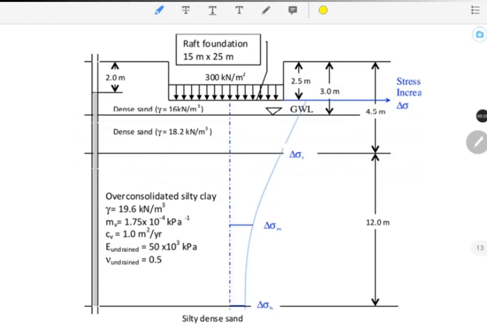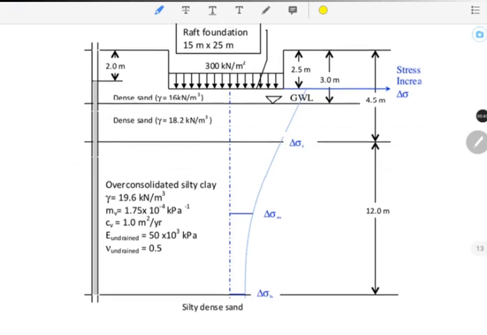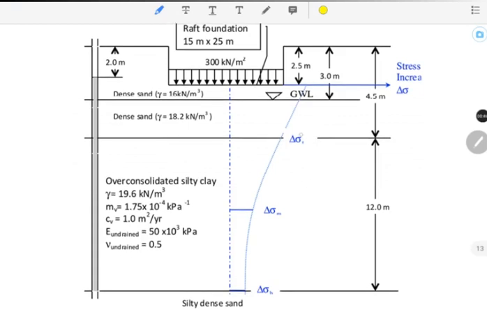So due to the applied load, the increase of the effective vertical stress throughout the clay is a nonlinear distribution as shown by the dashed lines. We can denote the increase of the effective stress at the top of the clay layer to be delta sigma top, T, and delta sigma at the middle, delta sigma M, and delta sigma bottom.